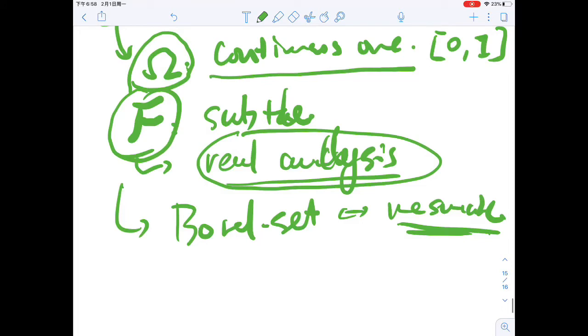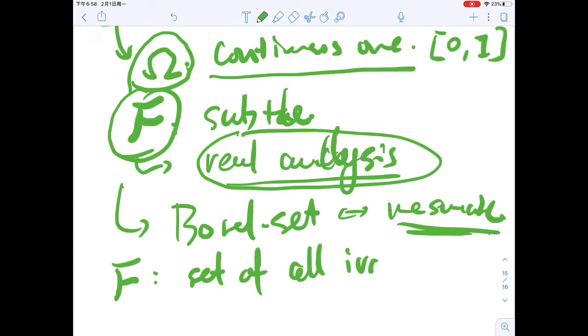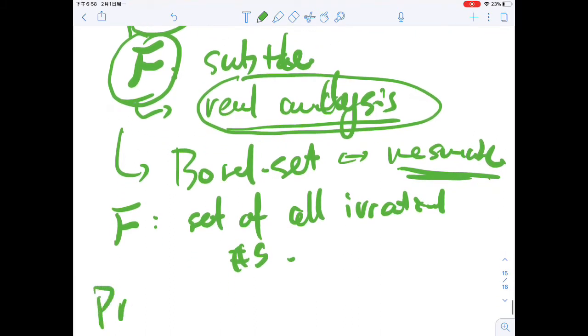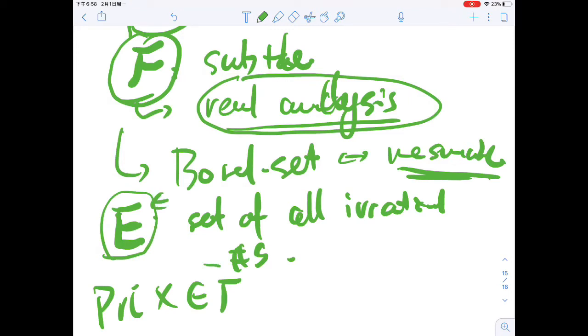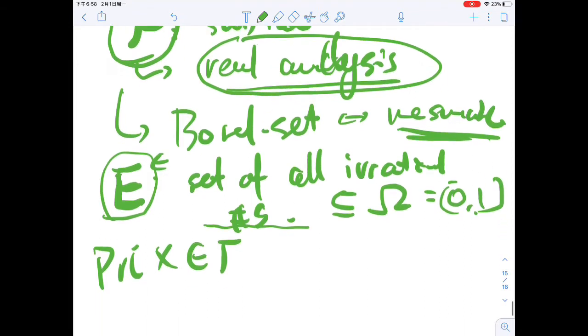For instance, let me call an event E, not F, sorry, an event to be the set of all irrational numbers. This is clearly a subset of the probability space.